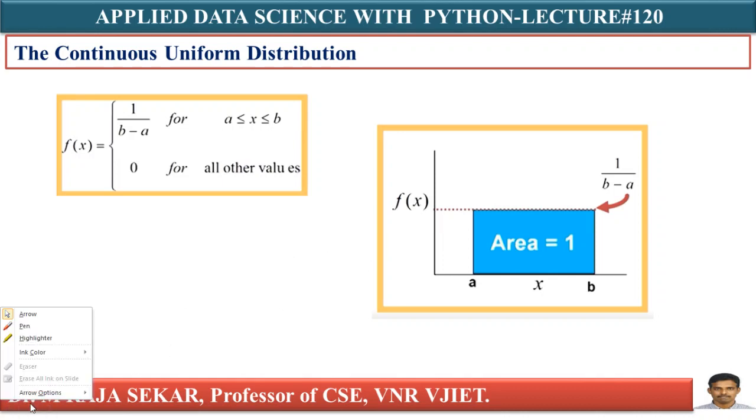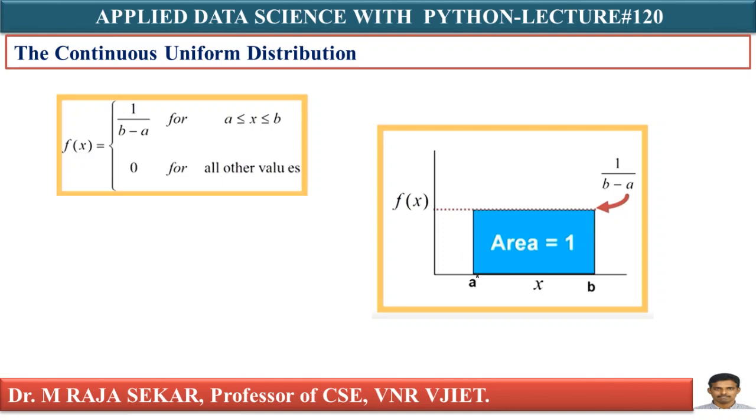Geometrically, one can represent it like this. This is a, this is b. Let me say what the height of this particular distribution is. Its probability f of x, this height f of x, is 1 by b minus a.